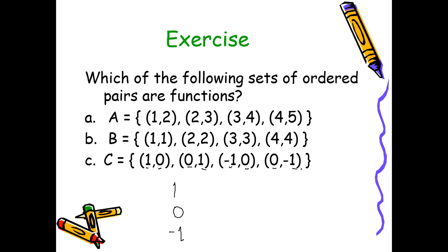Ganun ulit, si 0, dalawang beses natin makikita, susulat na lang natin ng isa: 0, 1, then -1. Pagtapatin natin. Si 1, papunta kay 0. Si 0, kay +1. Si -1, kay 0. Si 0, kay -1. So based on this illustration, is this a one-to-many or a many-to-many correspondence?